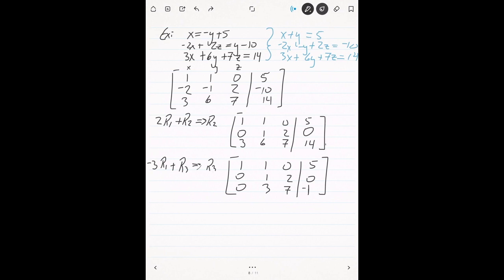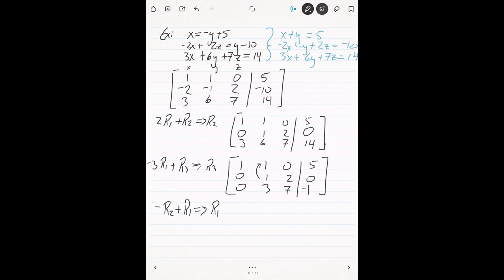So, well, looks like we're going to have a couple more steps that we're going to need to do. What I'd first like to do is, well, there's a couple things that we could try. Let's go ahead and maybe start by trying to make this 1 into a 0. So what I'm going to do is basically subtract these rows from each other. I'm going to take row 2, make it negative, and add that to row 1 to be the new row 1.